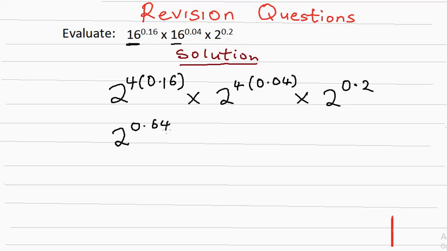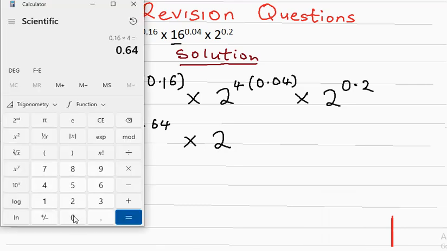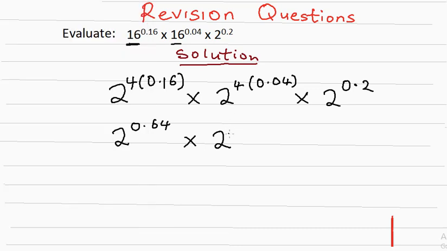Then if I multiply 0.04 by 4, I should have 0.16. Let me confirm that.